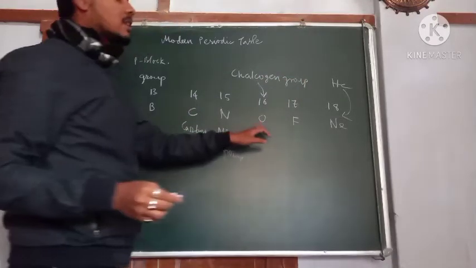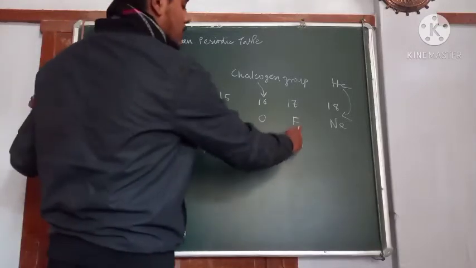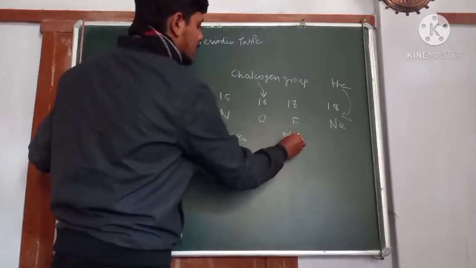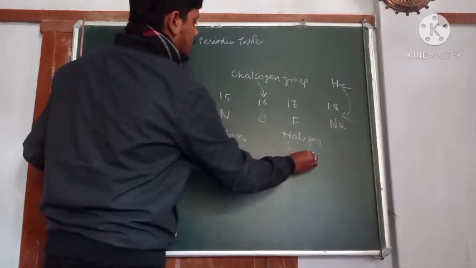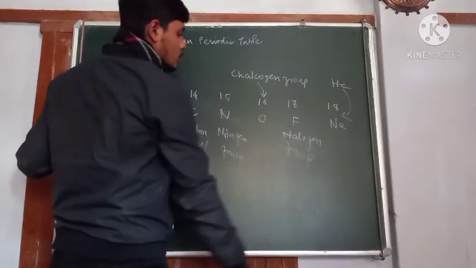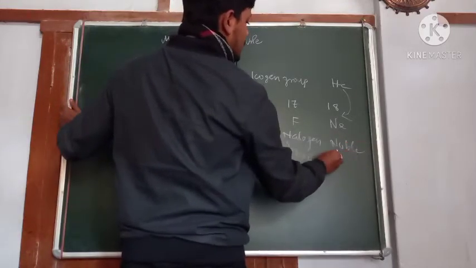This fluorine group is called halogen, and this group 18 is called noble gases.